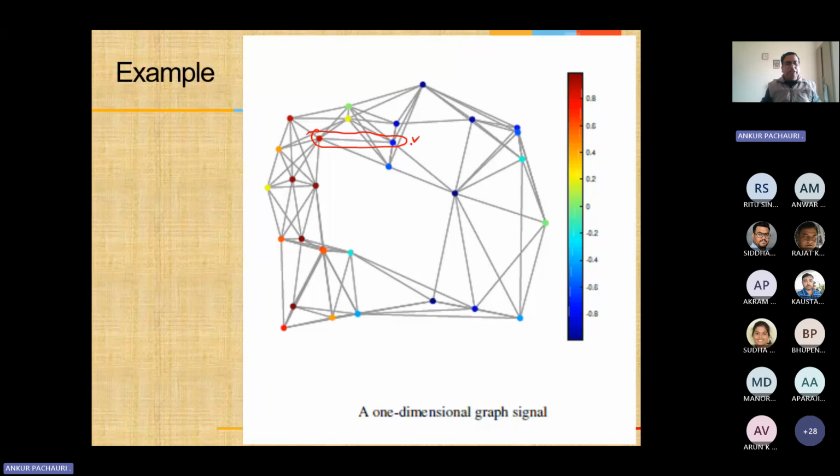Just as a normal intuition, someone who is very talkative may be engaged with someone who is very silent, a keen listener. So two nodes with extreme values can be connected together. Although it is a weird example, this is a scenario where nodes with two extreme values can be connected, and that transition is not smooth.